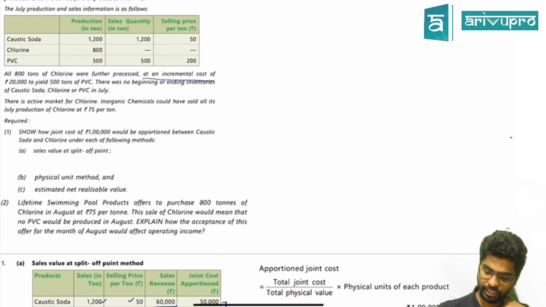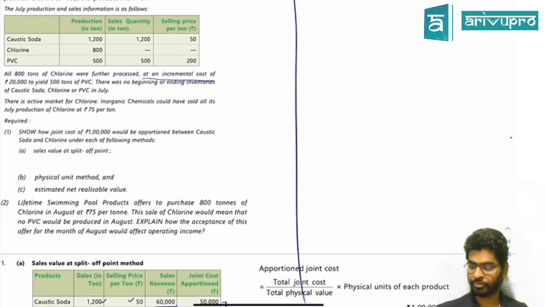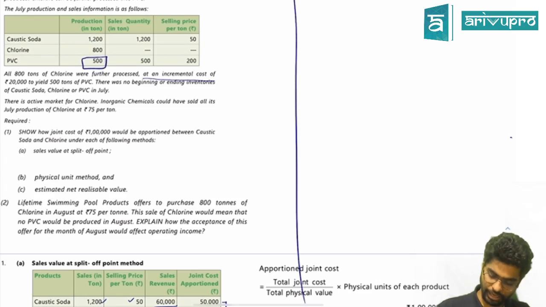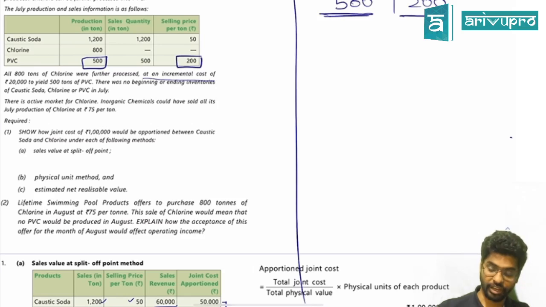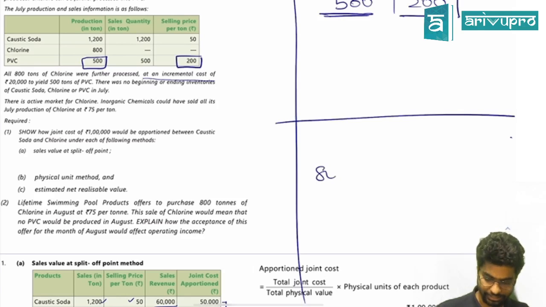See, if I further process, I'll be getting 500 units at 200 rupees. If I sell now, I'll get 800 into 75.